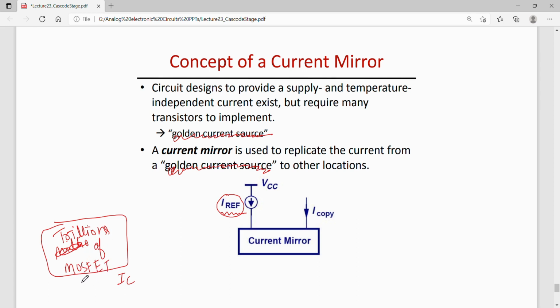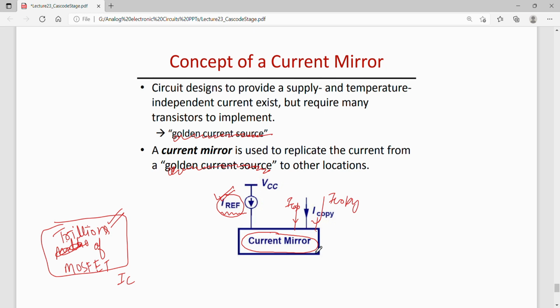So to bias these trillions of MOSFETs, one would need to copy this current at trillions of locations. So how to copy this current? There could be another circuit, which may be called a current mirror, which will mirror this ideal current source to many locations, trillions of locations.